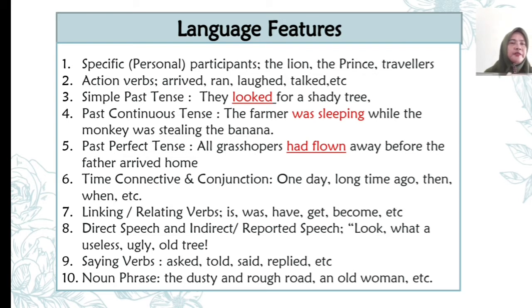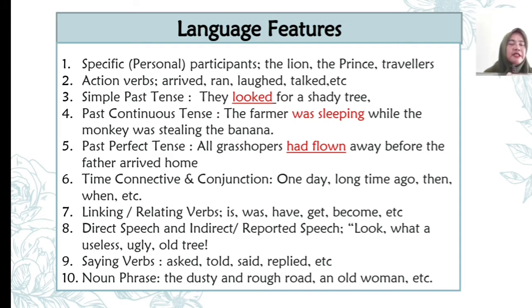And then the fourth is past continuous tense ya. Kadang-kadang kita juga menemukan kalimat bentuk past continuous tense yang ditandai dengan adanya unsur be ditambah dengan verb ing. Be-nya bentuk lampau ya, karena past. For example, the farmer was sleeping while the monkey was stealing the banana. Nah, itu past continuous ya.